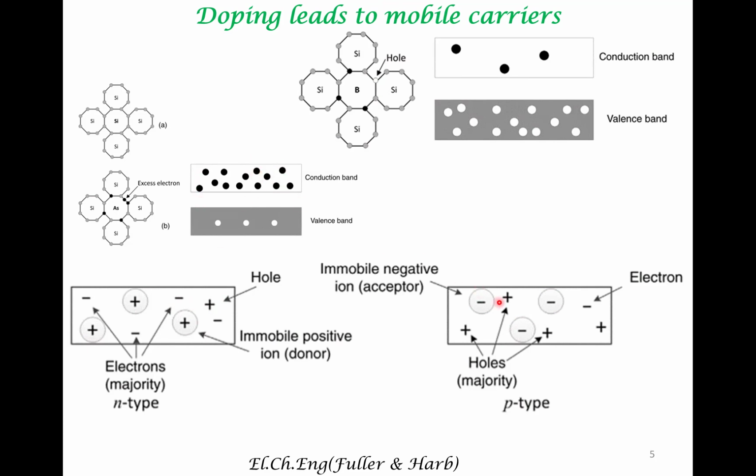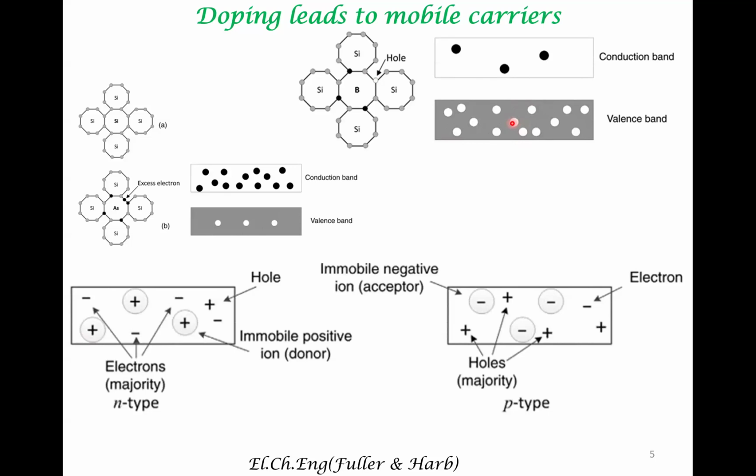And in a P-type semiconductor, the dominant carriers are the holes present in the valence band. The dominant carriers here are the majority carrier electrons in the conduction band. Here, the majority carriers are holes in the valence band.